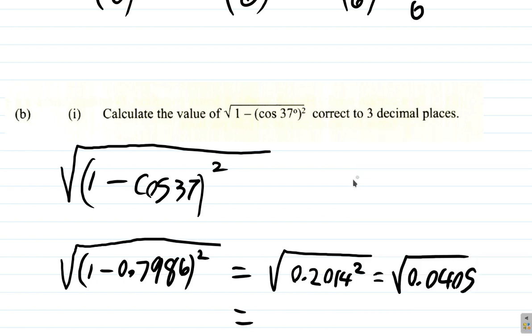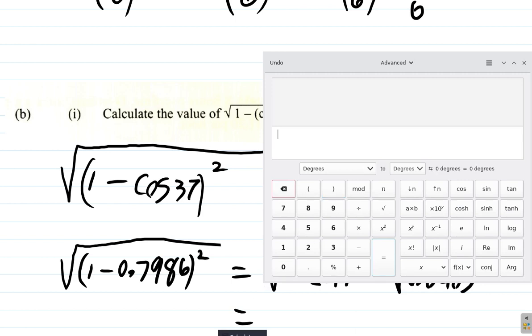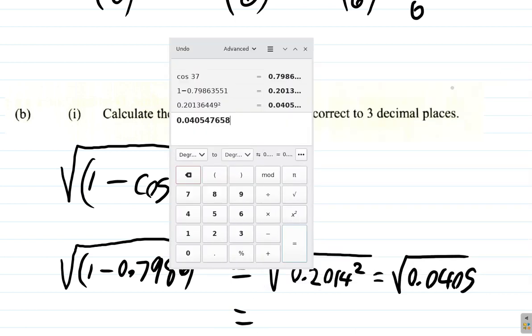Now remember, just as with other questions, you write down every step, show all working. Don't just write down the answer, you will lose marks for that. We find the square root and we get 0.201364449, but we must write it to 3 decimal places.